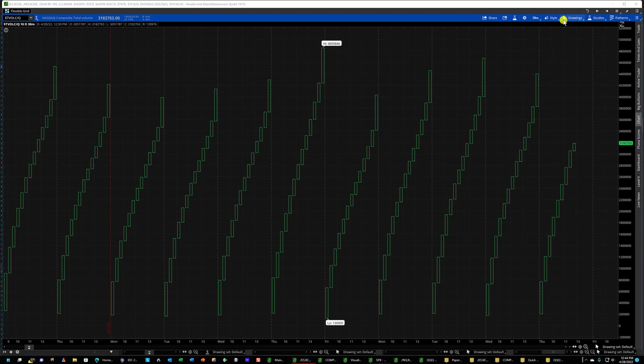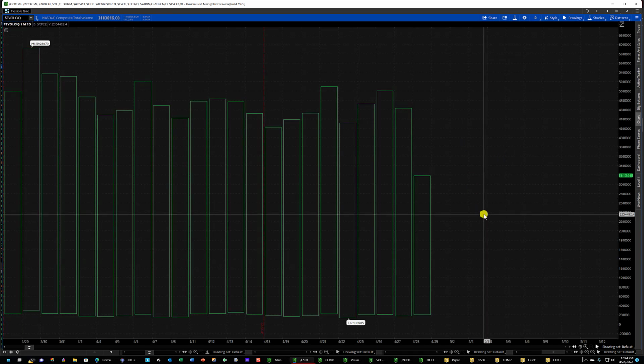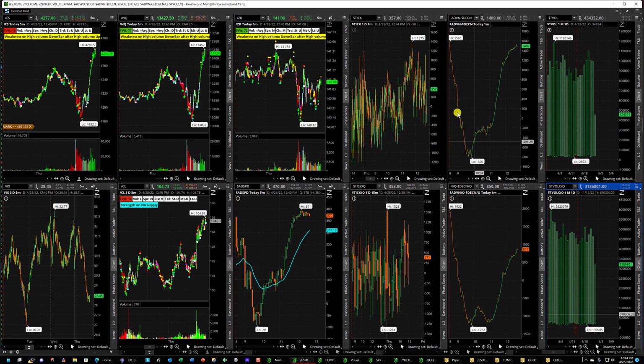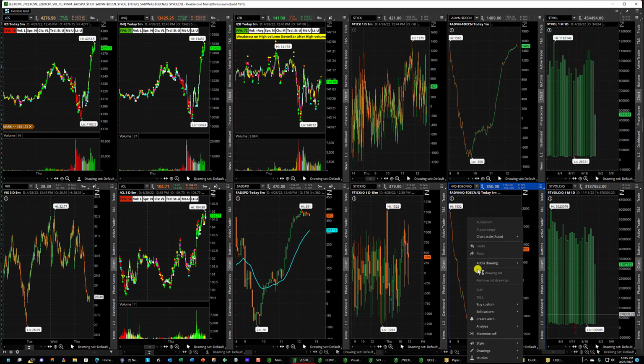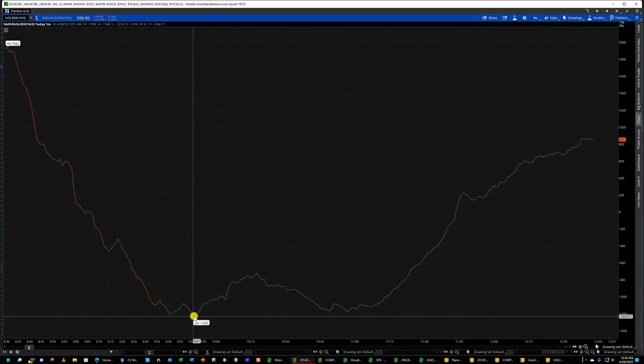Okay, I'm going to restore this to my 1 month, 1 day chart, and then restore the cells. Here's the advanced decline line. I'll use the Nasdaq advanced decline line. Here is what it looked like at 9:50 this morning Central Time.